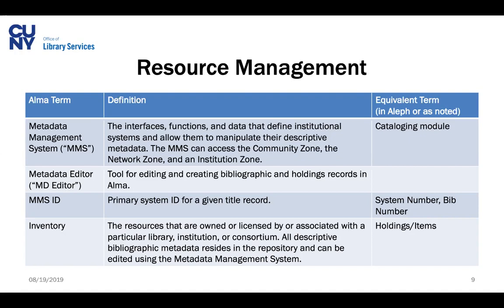But in Alma, you will have to open a metadata editor. That's a specific function that you have to enable. And MMS ID, so it's metadata management system ID. It's primarily the system ID for a given record. So it's equivalent to the Aleph system ID or BIB ID.